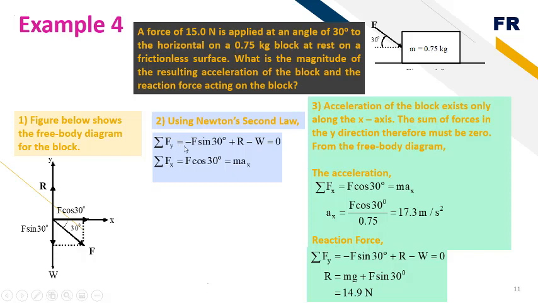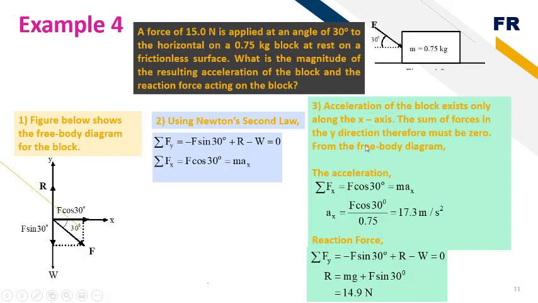So from Newton's second law of motion, the summation of force along the y-axis will equal 0, whereas the summation of force along the x-axis will equal ma. Okay, for the next one, acceleration of the block exists only along the x-axis. The sum of forces in the y direction therefore must be 0.